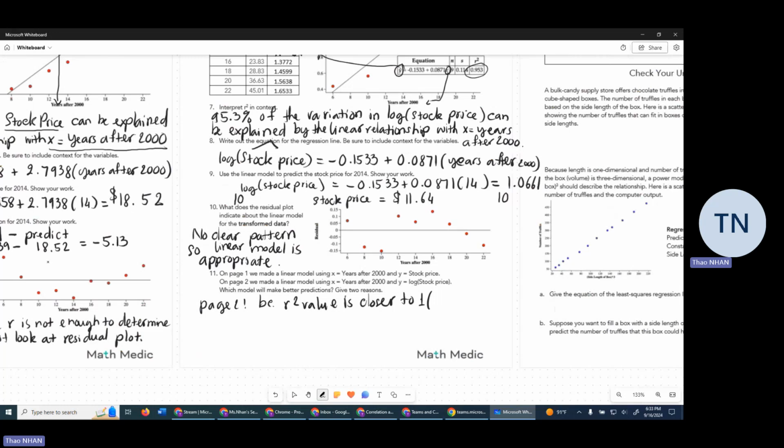For page 2, the R squared was 0.953, which is greater than 0.943, so it's a better R squared. And the residual plot also has less pattern and more randomness, right? We want randomness in our residual plot.